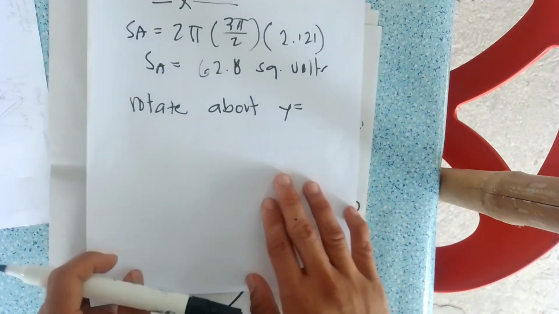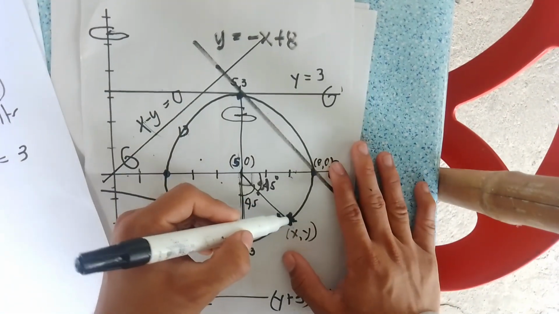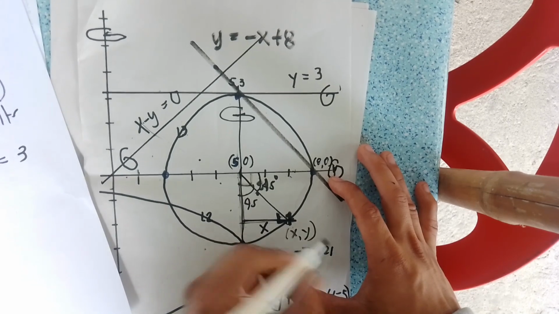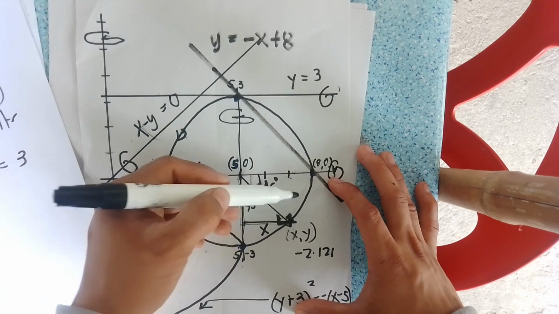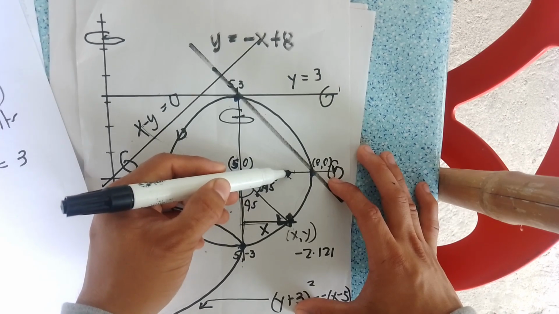Since we rotate about y is equal to 3, your distance here corresponds to negative 2.121, so from this one up to 0, the distance is 2.121.